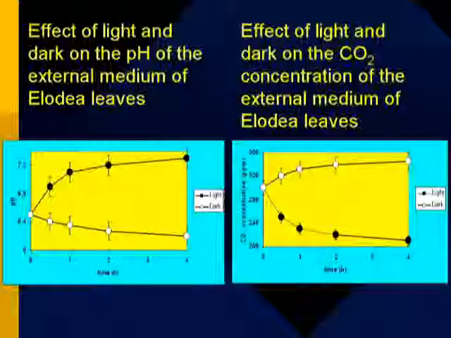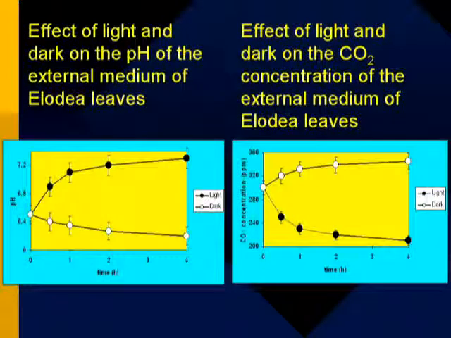So if we put plants into normal water, they will start and switch on the light, they will start to photosynthesize, and they will increase the pH, and this pH increase is associated with a concomitant decrease in the carbon dioxide concentration, and the reverse process applies to when we put the plants in the dark.